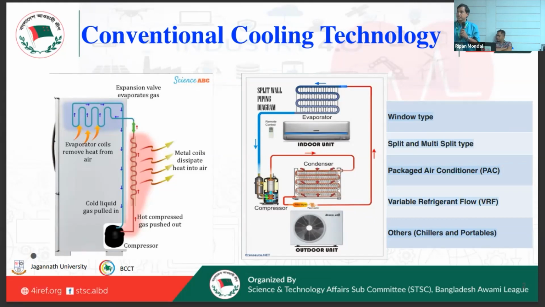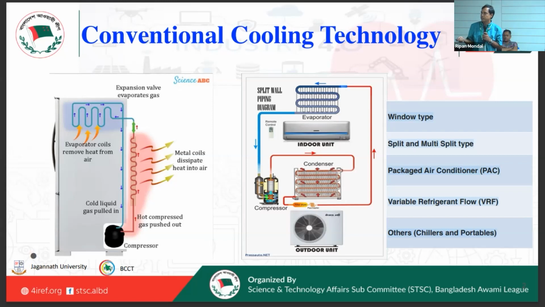The refrigerant evaporates, and when it evaporates, it takes some heat. So when it takes the heat from any confined place, the temperature of this space actually reduces. The refrigerant enters the evaporator as a liquid, and when it exits the evaporator, it becomes a gas.